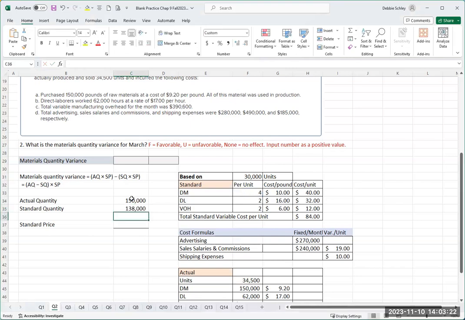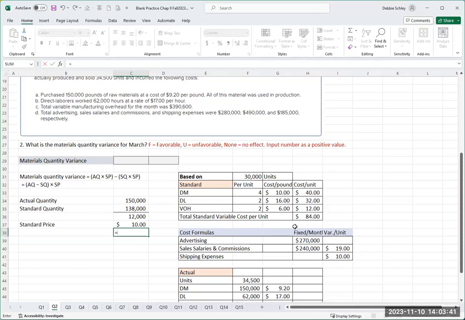So I'm still dealing with pounds. And so the quantity variance in pounds is actual quantity minus standard quantity. And then my standard price per pound is $10, right?